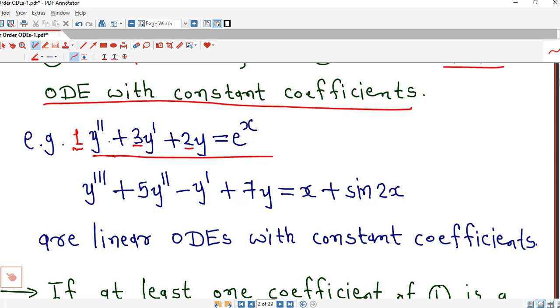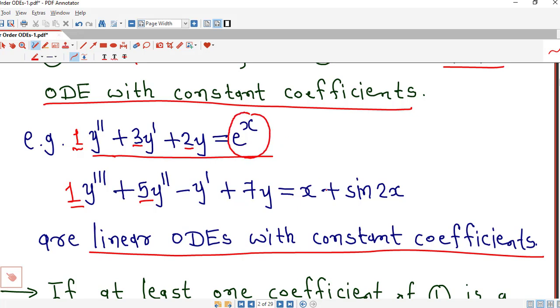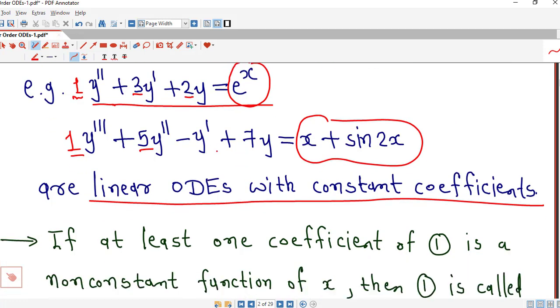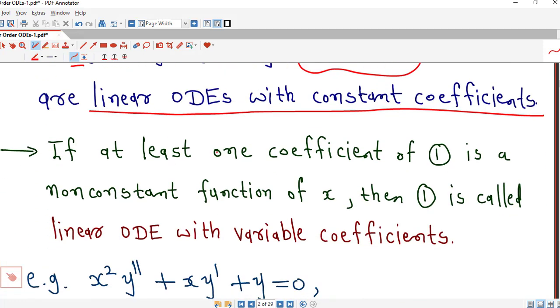So this is a linear differential equation with constant coefficients. Similarly here also the coefficients are 1, 5, minus 1, 7, all constants. So these two are linear ordinary differential equations with constant coefficients. And again, because their right hand sides are non-zero, they are non-homogeneous linear ordinary differential equations with constant coefficients.